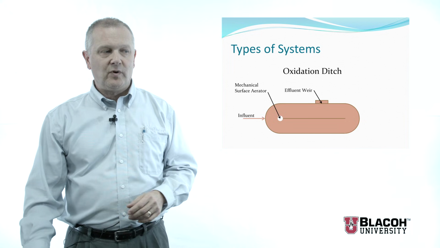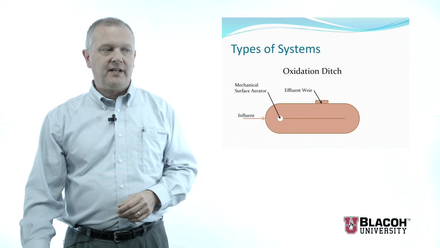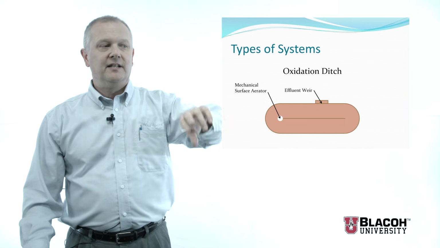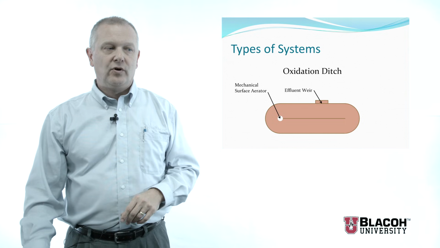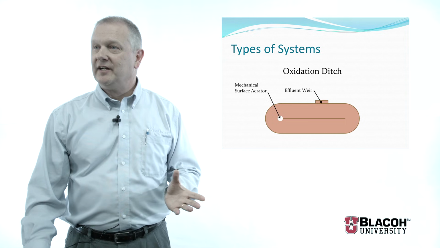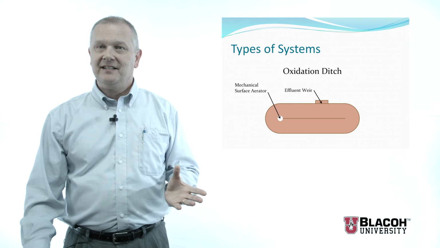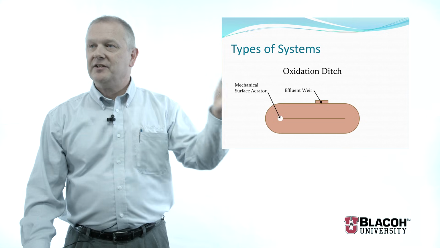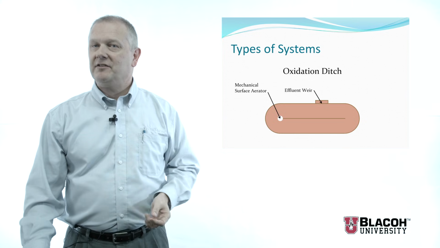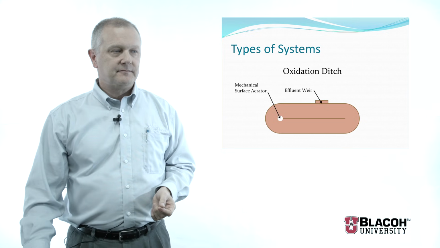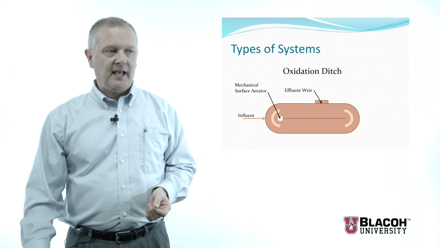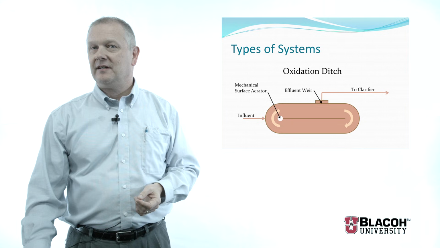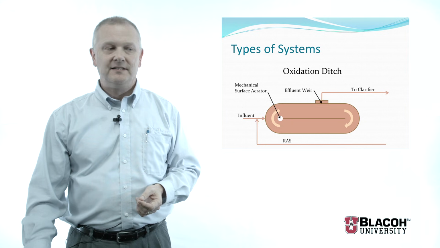And the influent comes in one end, and you have either a vertical turbine aerator at the center of the circle at one end that will spin, or you put one of those horizontal brush aerators on one side, and it acts to move the liquid around this racetrack and aerate it at the same time. And of course, we have to then go to the clarifier and return our activated sludge back to the basin.